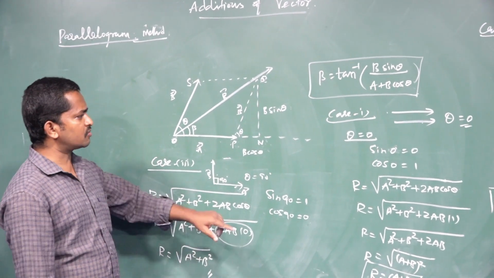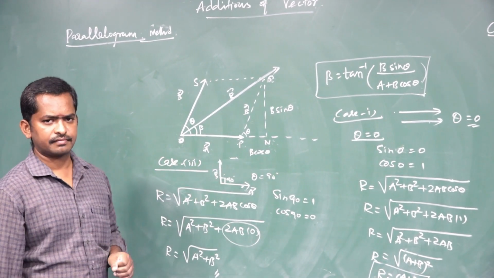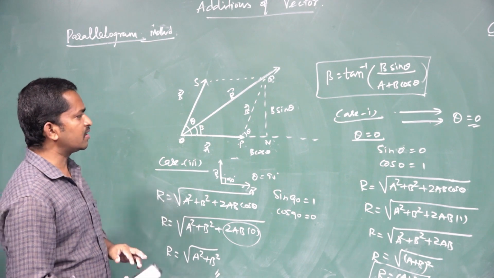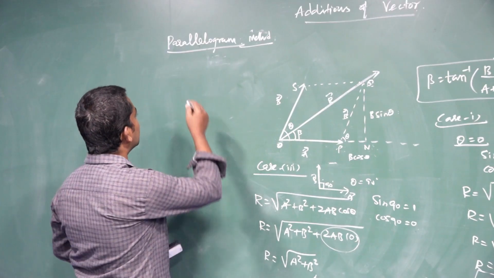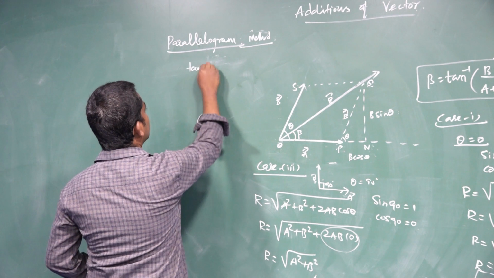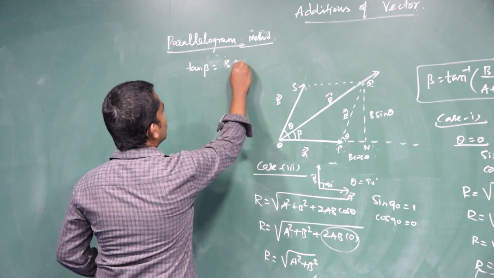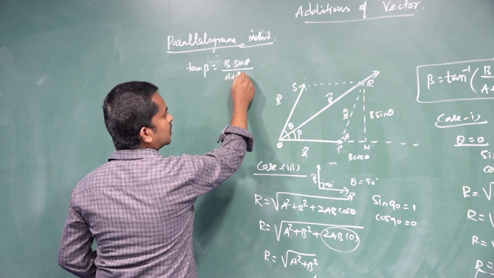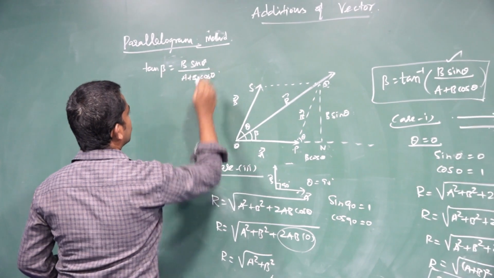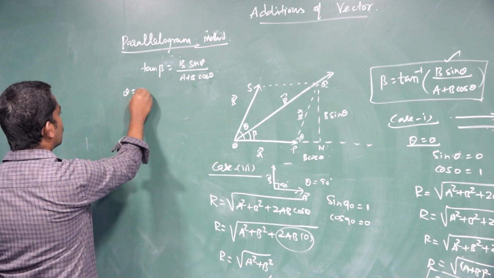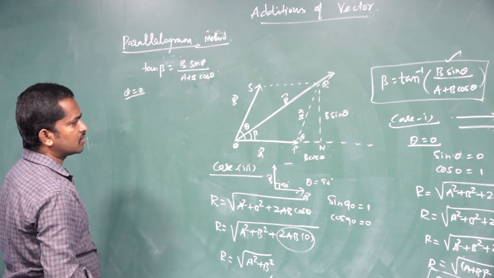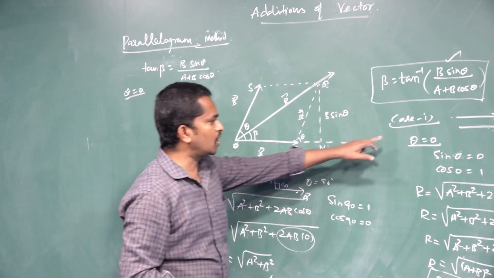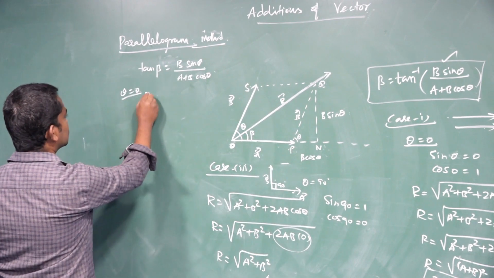Now, case 1, case 2, case 3 for the angle. It is a very important one. The angle: tan beta is equal to B sin theta divided by A plus B cos theta. Case 1: theta is equal to 0, which means parallel to each other.